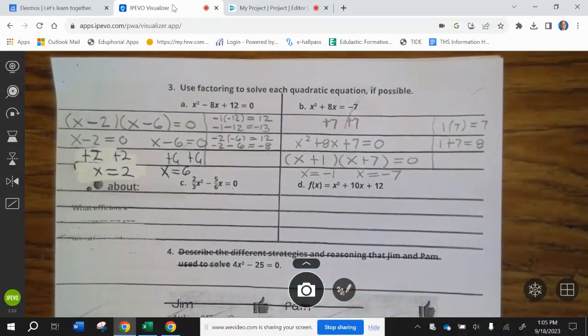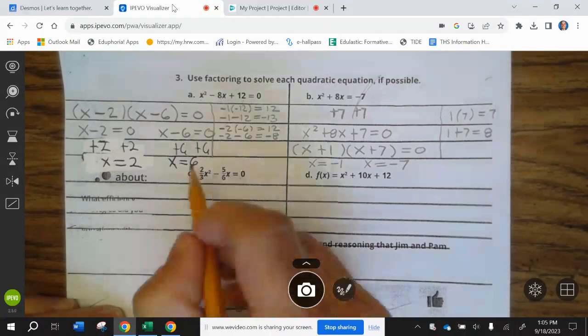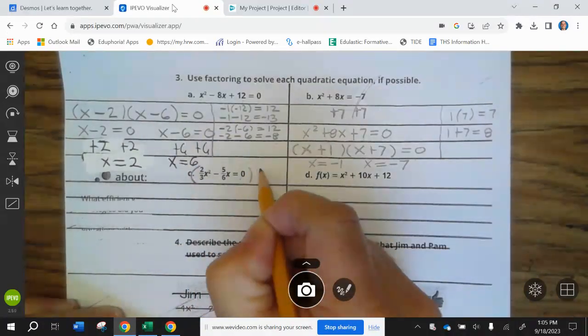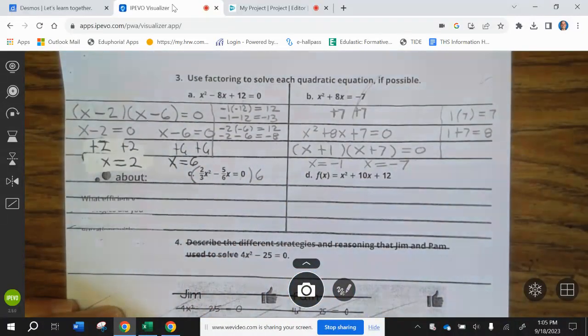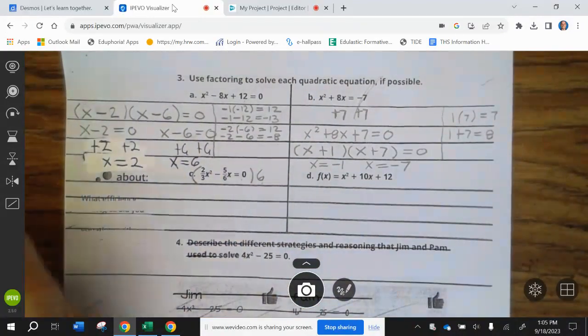All right, let's take a look at the next. So here, we need to get rid of the fraction. So we're going to multiply everything by 6. Okay?